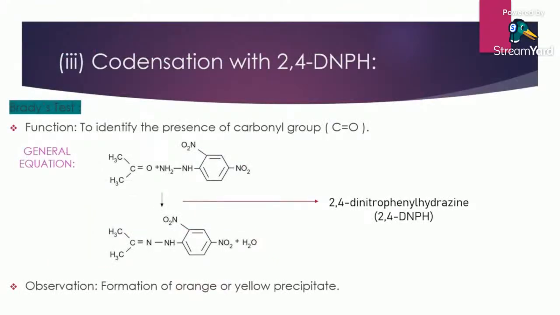Next, we go to the condensation with 2,4-DNPH. The function of the Brady test is to identify the presence of a carbonyl group. Okay, we go to the general equation here. This is our carbonyl group, and this is our 2,4-DNPH.